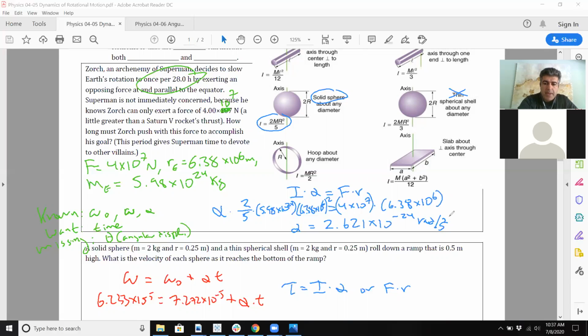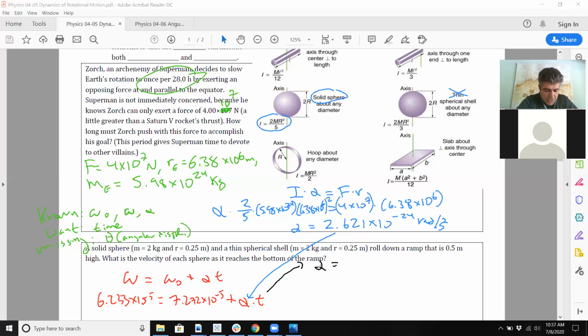So now you're going to bring that back into this equation down here and solve for t. So alpha is going to be, and the one thing that we do have to be a little bit cautious about as well is that we don't want our time to be negative, because we are going to wind up getting a negative if it works out.